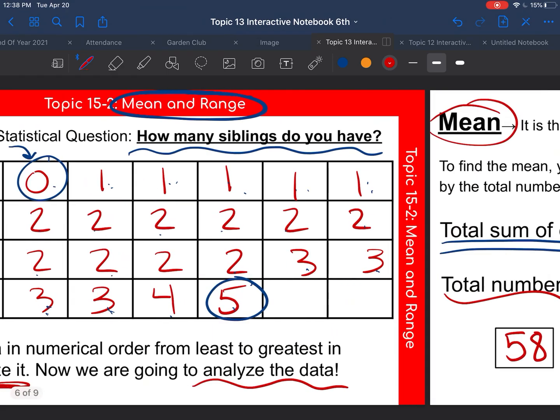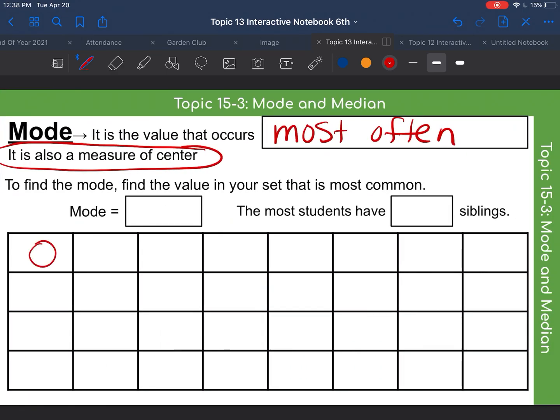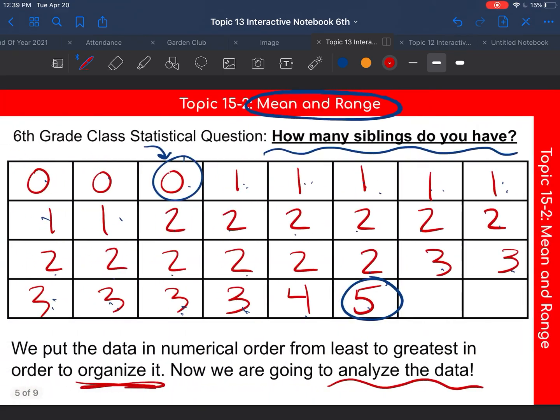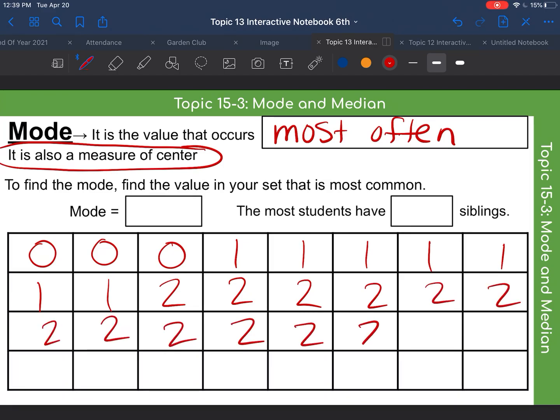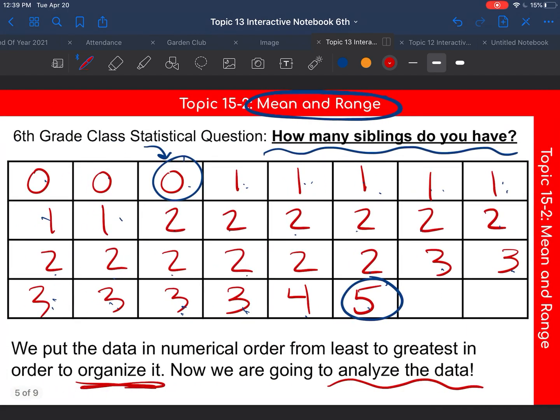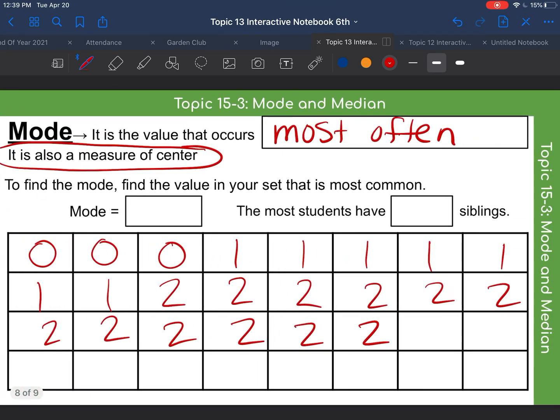So we have 3 zeros and 7 ones. And then we have 12 twos: 1, 2, 3, 4, 5, 6, 7, 8, 9, 10, 11, 12. Then we have 6 threes.